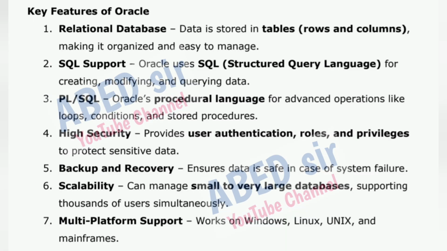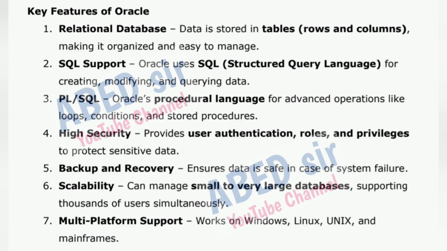Key features of Oracle. 1. Relational database. Data is stored in tables, rows, and columns, making it organized and easy to manage. 2. SQL support. Oracle uses SQL, structured query language, for creating, modifying, and querying data. 3.